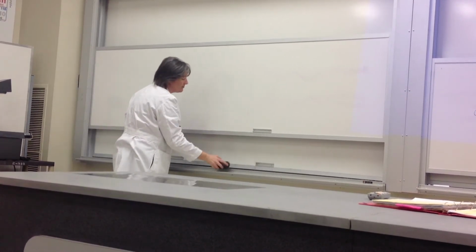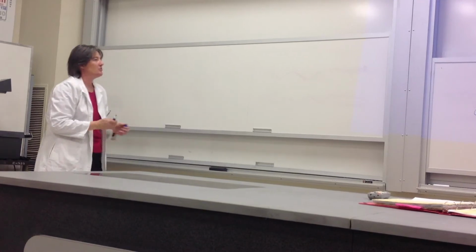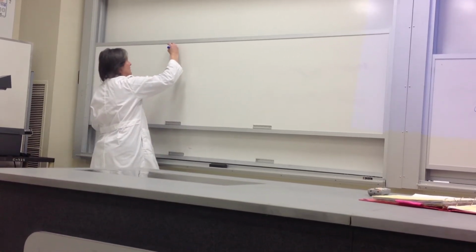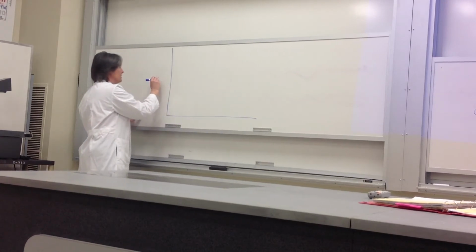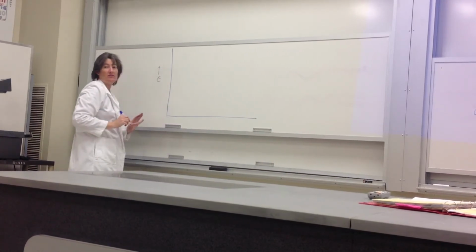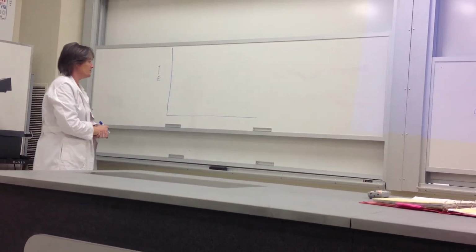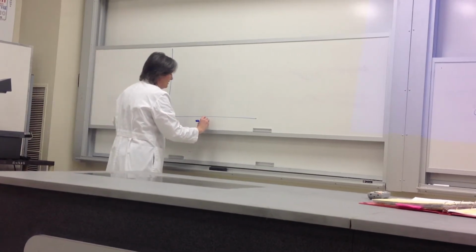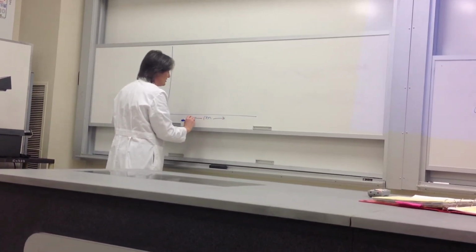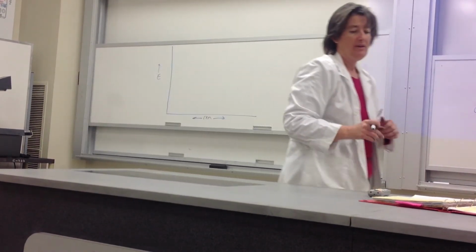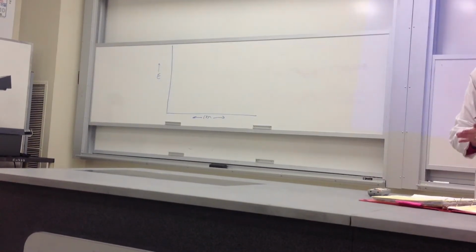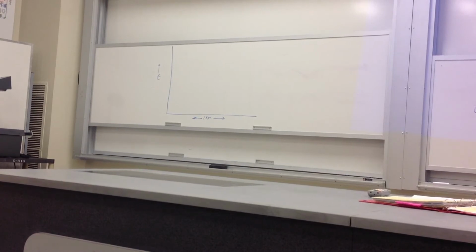Some folks do it with one right on top of the other. I can't see it very well that way. So we are going to have a typical potential energy diagram, energy increasing here. And this will be reaction progress, going this way, and we're going to be going that way.